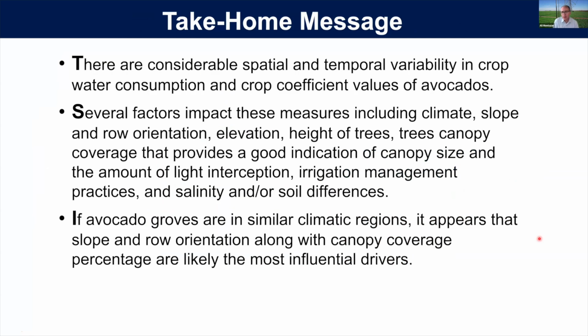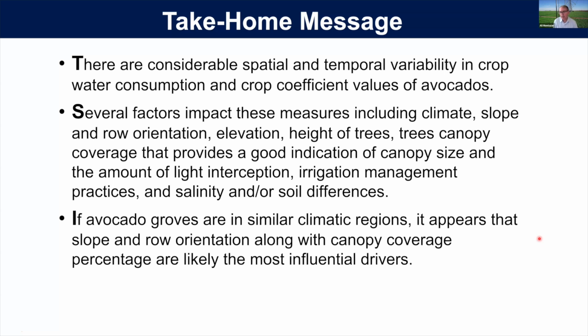So I have some take-home messages from this talk. I talked about the spatial and temporal variation of crop coefficient and crop water consumption of avocado orchards.